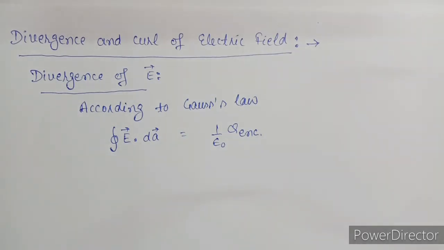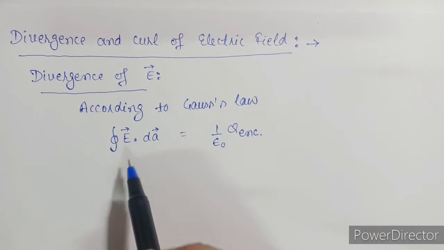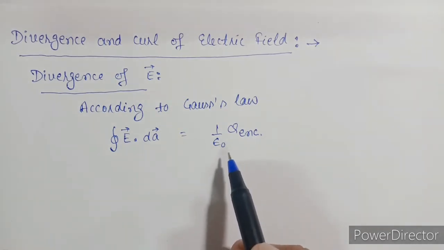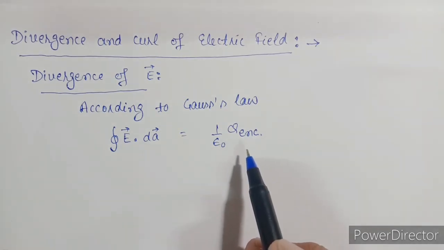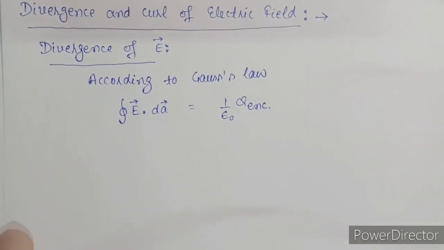So according to Gauss law, the electric flux through any closed surface is equal to 1 over epsilon naught times the total charge enclosed within that surface.